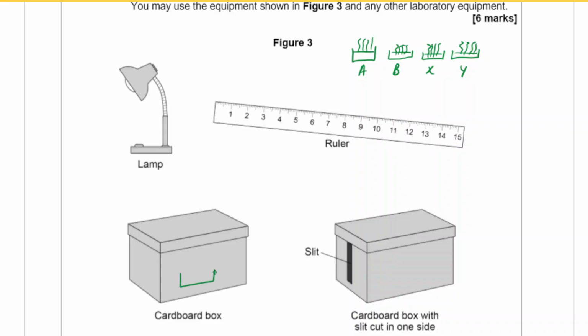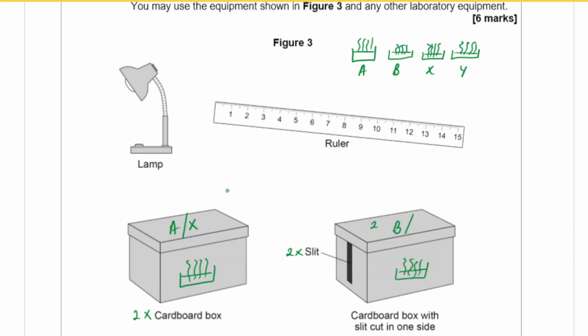Now you would place the seedlings in the box, in each box, or you would actually take 2 boxes with the slit and 2 without the slit, and label one as A and then X, and label this as B, and actually hold on, it's the other way around.